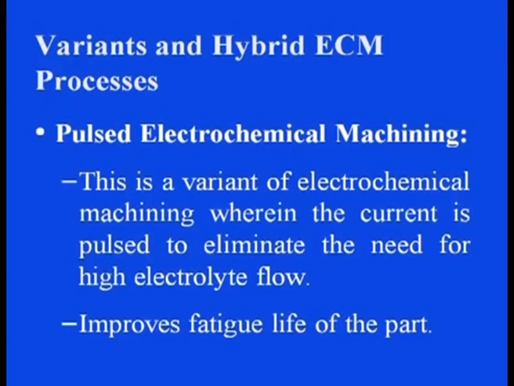Now, let us move on to some variants and hybrid ECM processes. One of them is pulsed electrochemical machining. This is considered to be a variant of the normal electrochemical machining process, in which the current is pulsed to eliminate the need for high electrolyte flow.